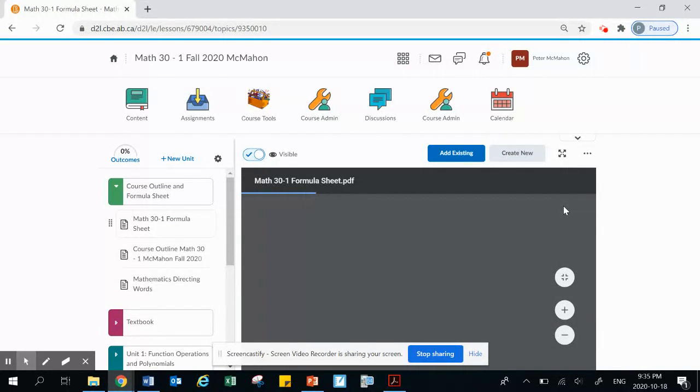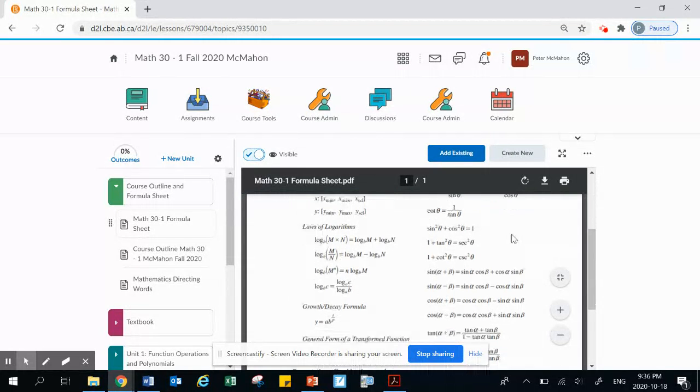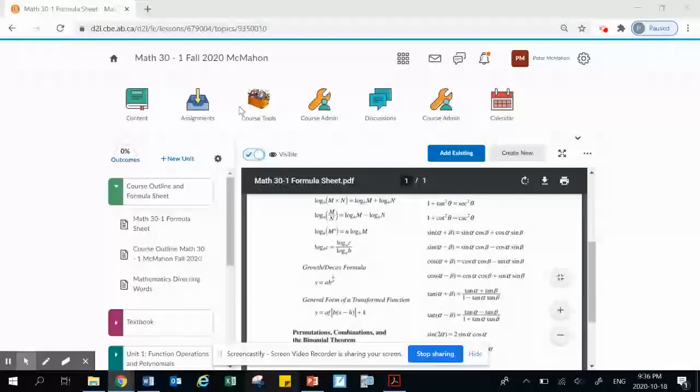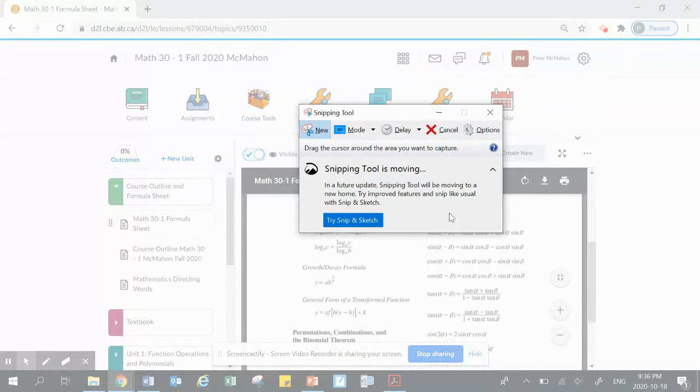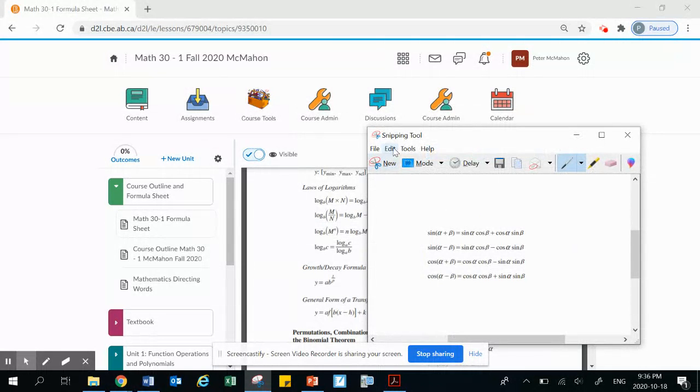Almost everything in this formula sheet is trig, or at least over half of it is trigonometry. Sorry, guys, just a slow computer internet connection right now. So what we're looking at is today's topic. For this example, we're going to be looking at these identities right here, and these are called our sum and difference identities for sine and cosine.